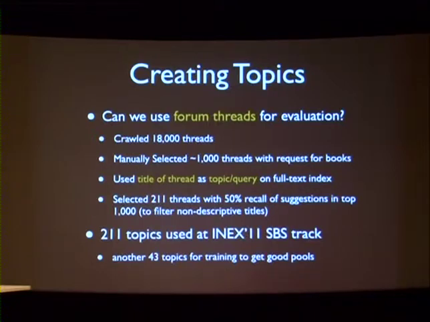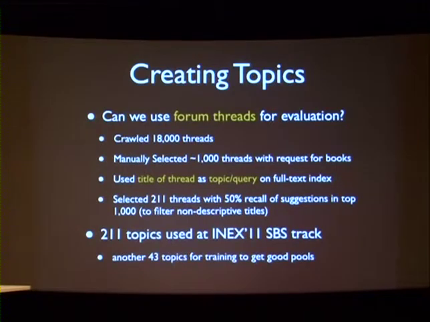Somehow we built a first index and just looked at the threads that at least pick up in the top 1,000 somewhere on the title some of the books that were suggested, either as an example or as a recommended book, just to make sure that things that are very complex or that might be errors, we stay clear of.